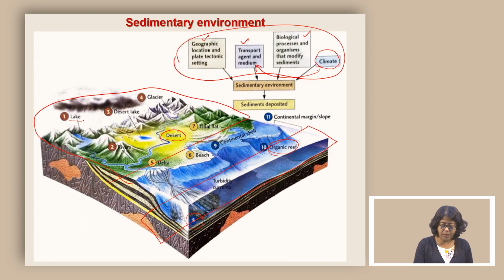If we can identify those landscapes and what kind of rocks would be produced, we can eventually reconstruct a desert in the rock record, and that is why it is important to identify these kinds of sedimentary environments.